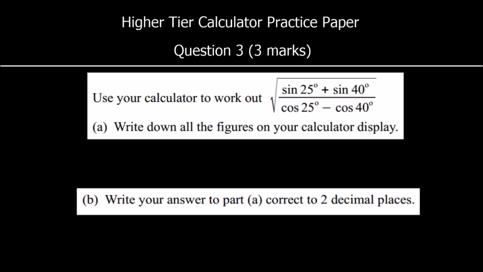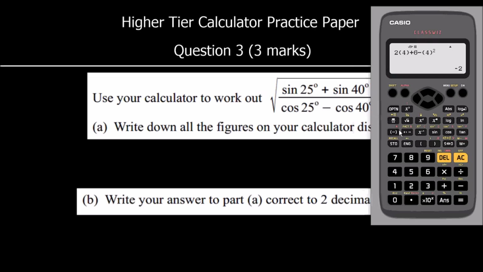Question 3. Use your calculator to work out the square root of sine 25 plus sine 40 all over cos 25 minus cos 40. Write down all the figures on your calculator display. So we're just going to type this into the calculator. So the square root button first, then the fraction button.